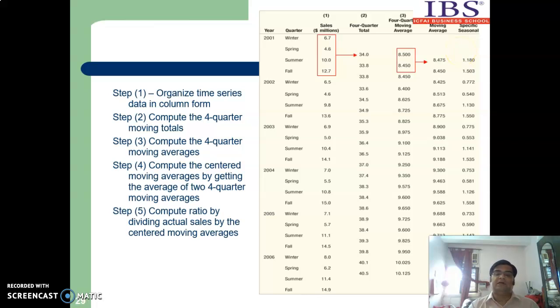So these are the calculations. Now a few things to observe in this sheet is that we will not get any index for the first winter and the spring of 2001. So we'll start from summer.